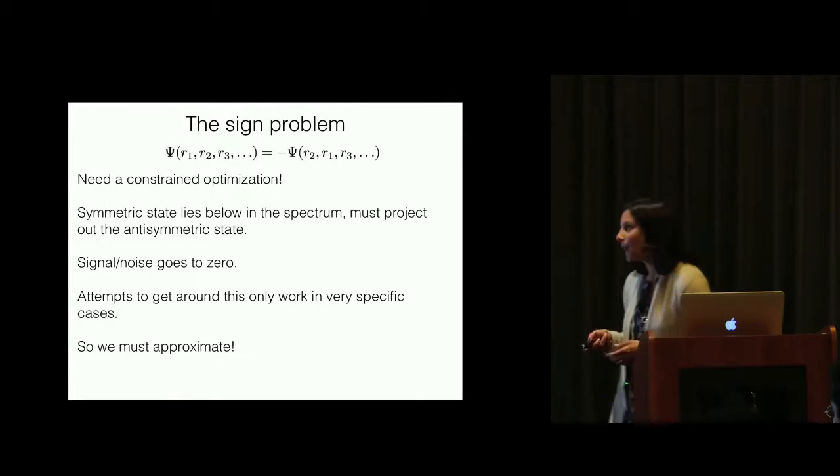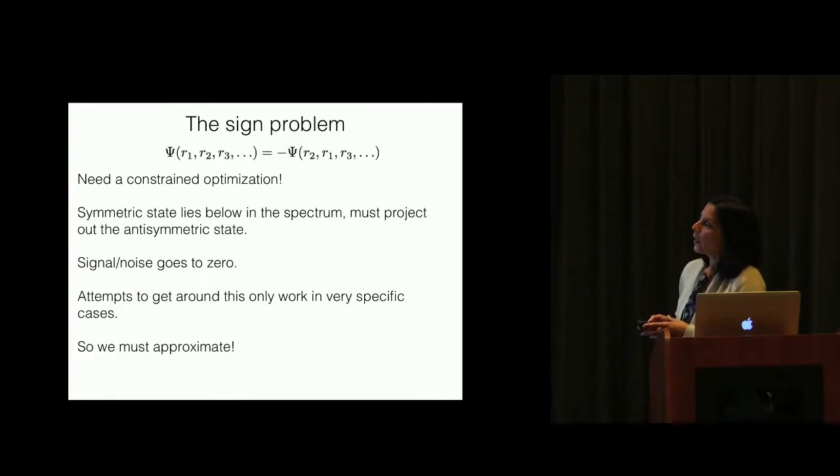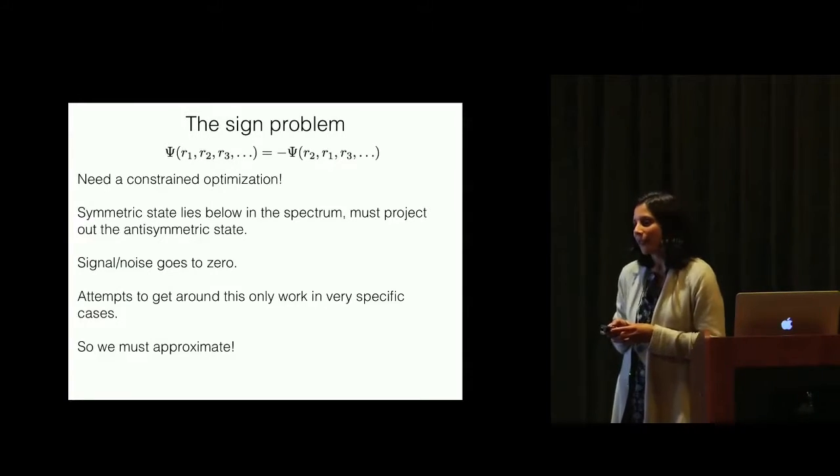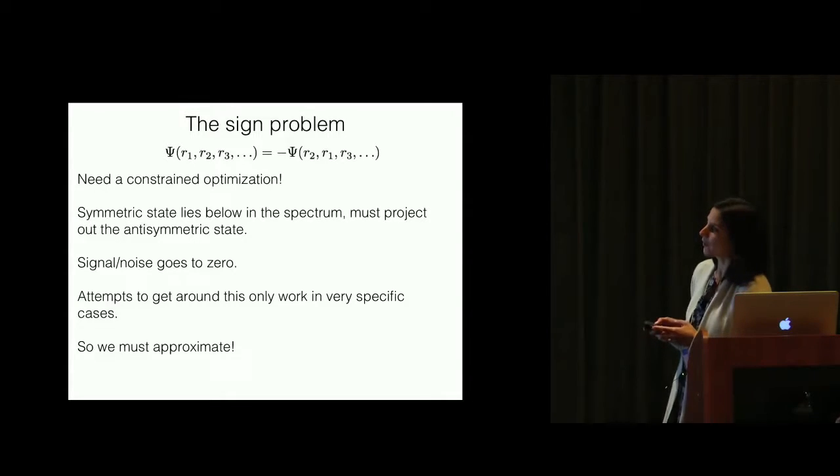Typically, the symmetric solution is the one that is lower in energy in the spectrum, and we need to project out the anti-symmetric solution from here. There are ways to do this, but it's very challenging in practice. The noise exponentially grows, and the signal-to-noise ratio goes to 0. So how do we get around this? It's not very easy. Here's where we're going to introduce an approximation.